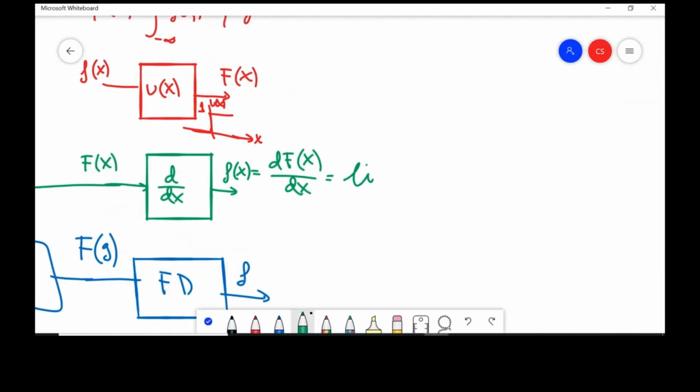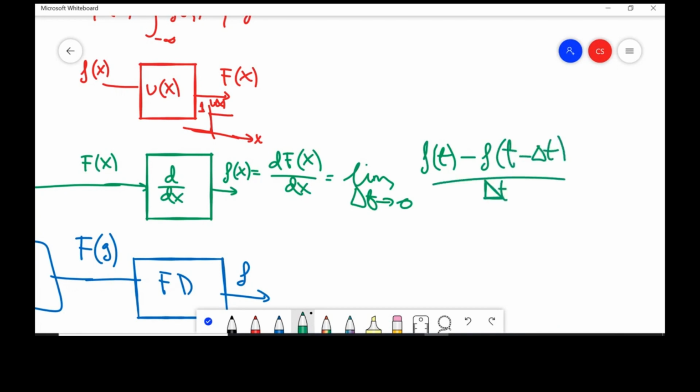You know, it is the limit when delta t goes to 0 of f of t minus f of t minus delta t, divided by delta t, right?